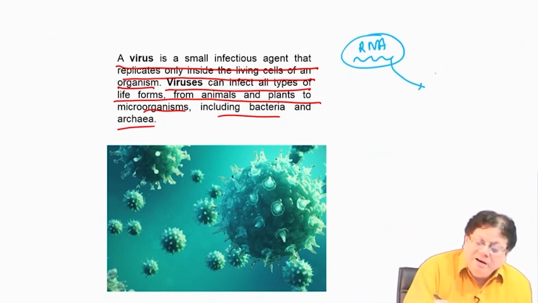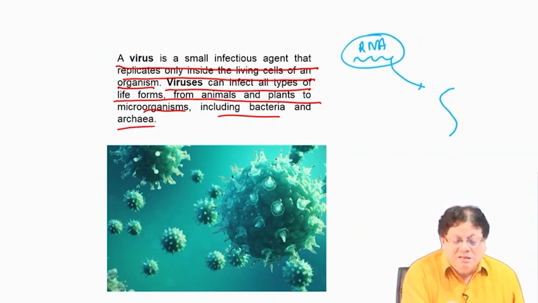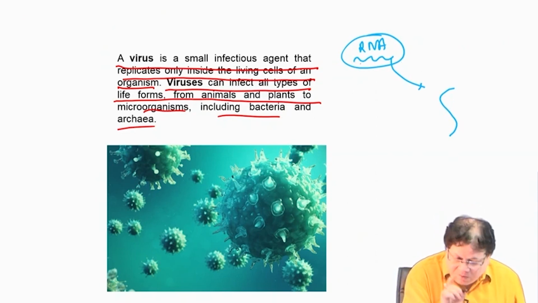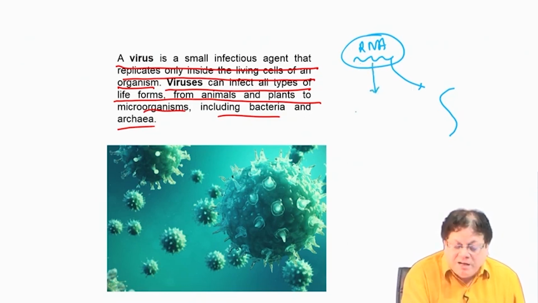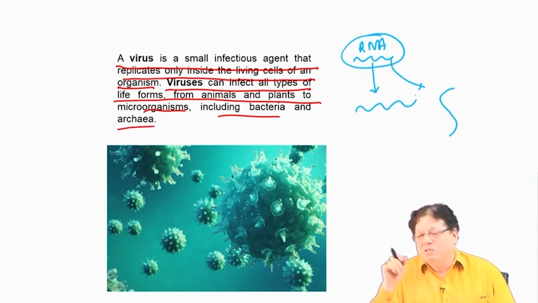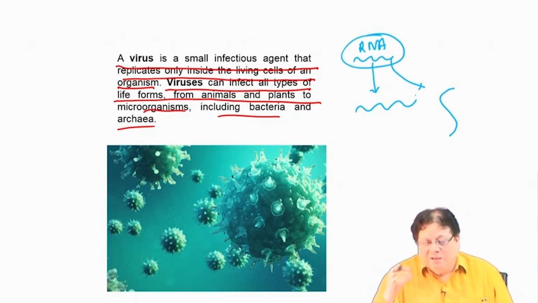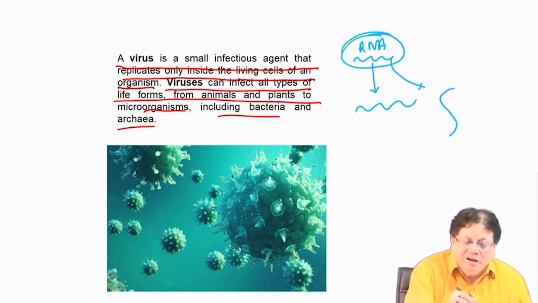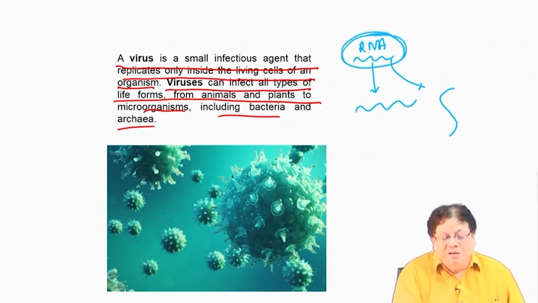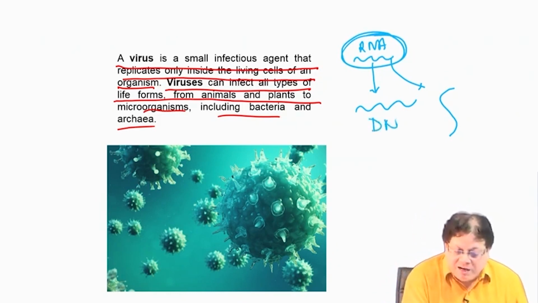Then the RNA is copied into DNA first. That is the reversal of the transcription process. What is transcription? DNA is transcribed to RNA, but this is a process where RNA is copied back into DNA. So, this is the viral DNA.